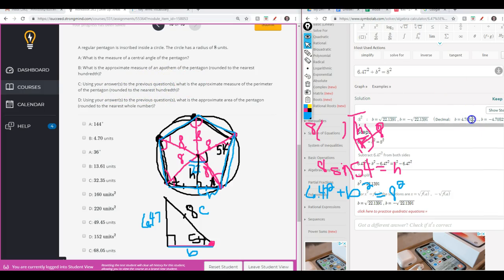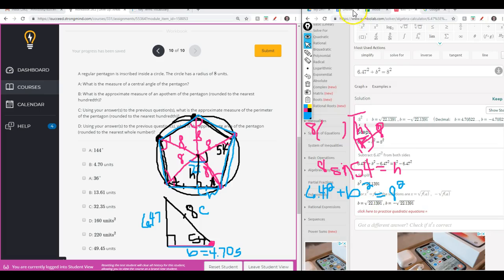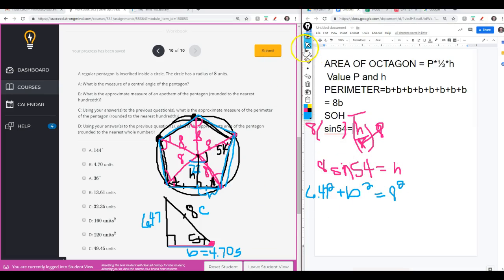So we're gonna just keep this as 4.705, so that when we do it, there won't be as many rounding errors. Okay, so now again, remember I had said that that would just be our half of our base.